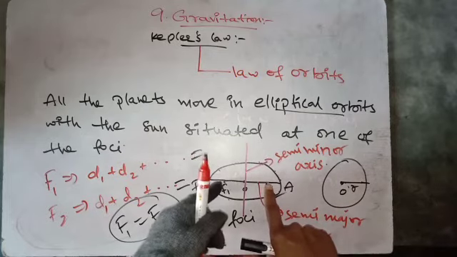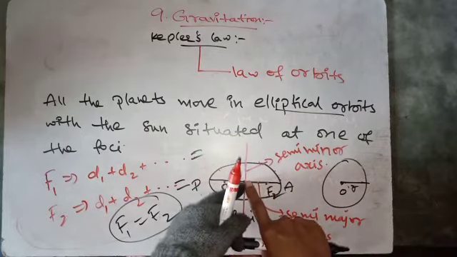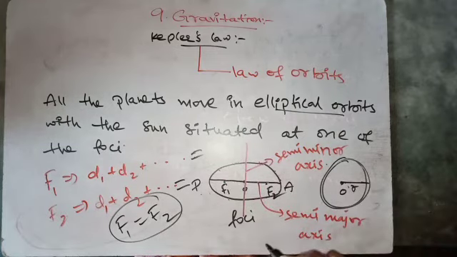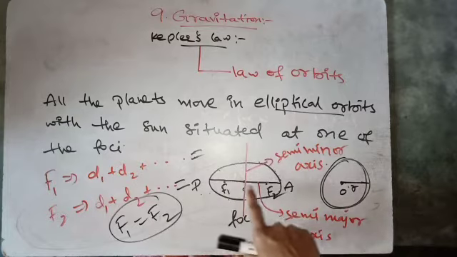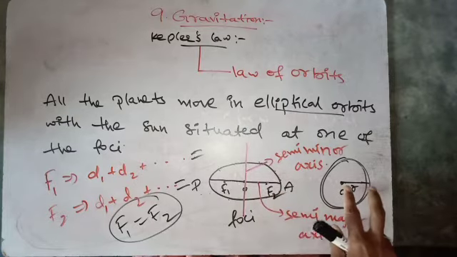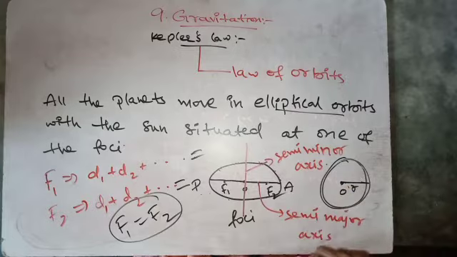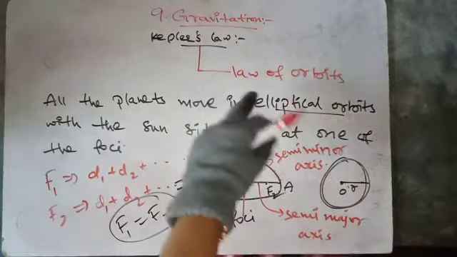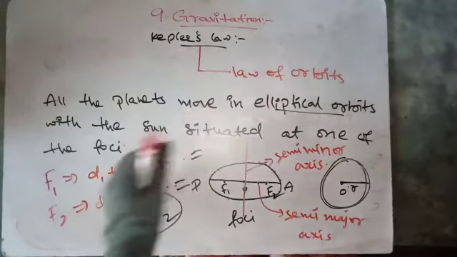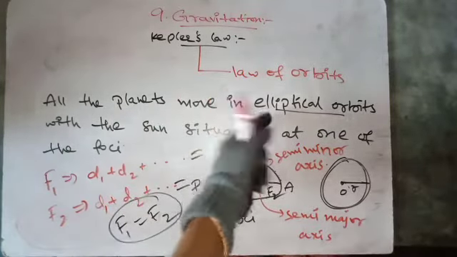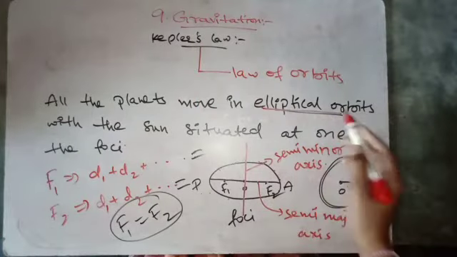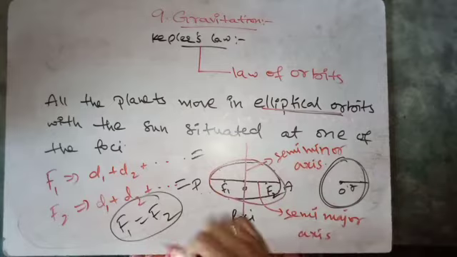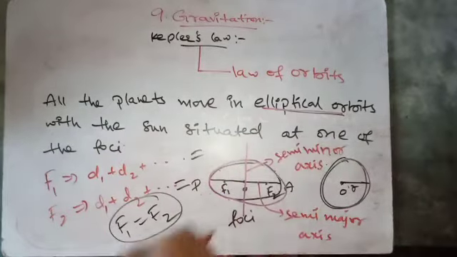If these two foci F1 and F2 merge together at one point, you will obtain a circle, and the semi-major axis becomes the radius of the circle. This is about the ellipse. Coming to the first law, all the planets move in elliptical orbits with the sun situated at one of the foci.